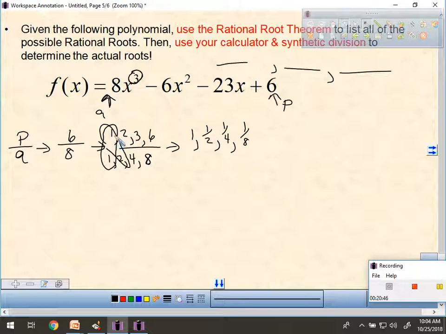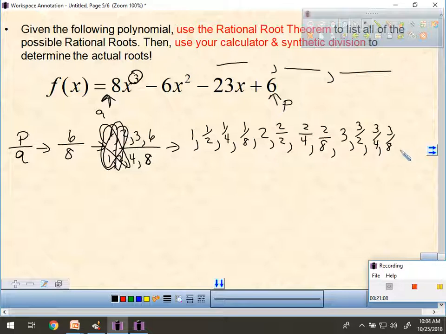Then I'd have 2 over 1, 2 over 2, then 2 over 4, and 2 over 8. Then I'd have 3 over 1, which is 3, 3 over 2, 3 over 4, and 3 over 8.